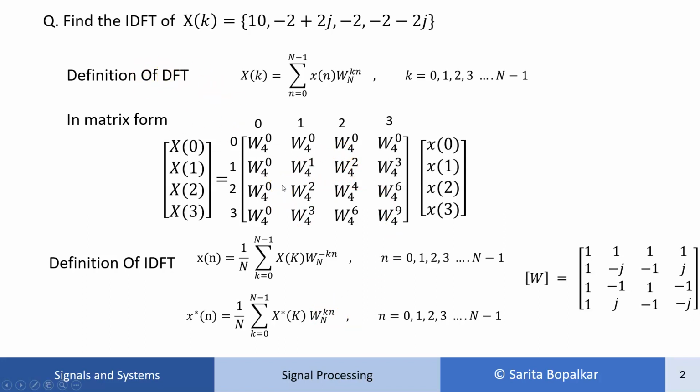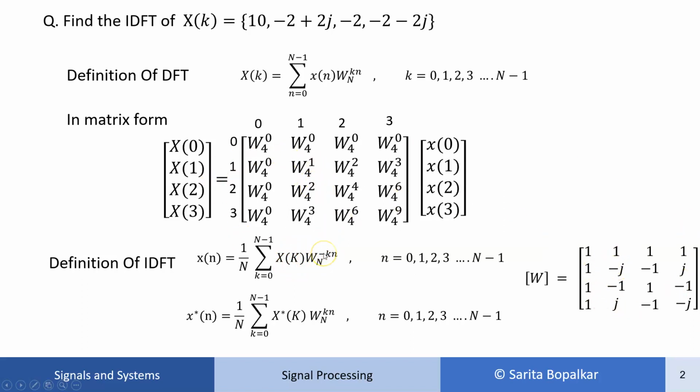So there are two methods to find the inverse DFT. Either we can calculate x*(n) and then convert it into x(n); in that case the advantage is we can refer to the same twiddle factor matrix which we use to find the DFT. Or, if we want to use the original inverse DFT equation, x(n) is 1/N times the sum with X(k), and here you have to use the complex conjugate of the twiddle factor matrix.